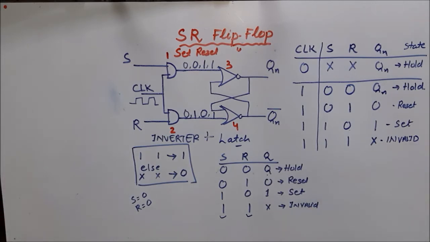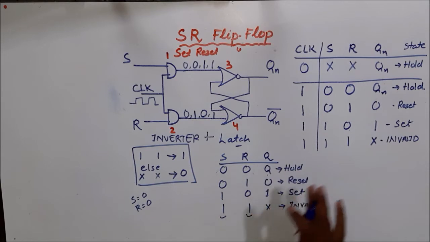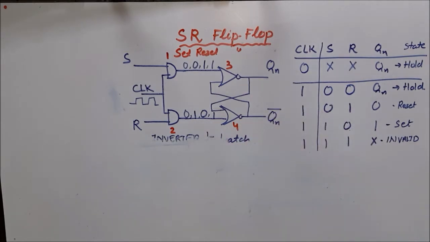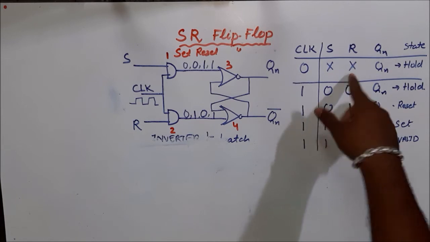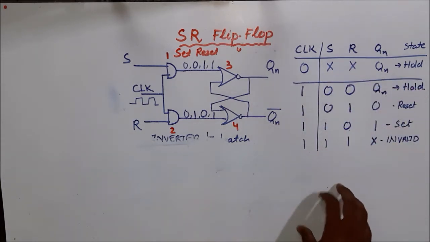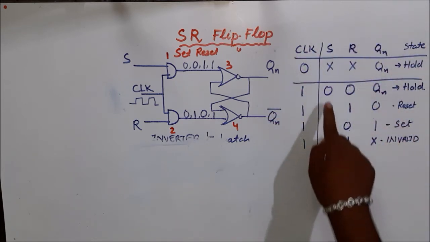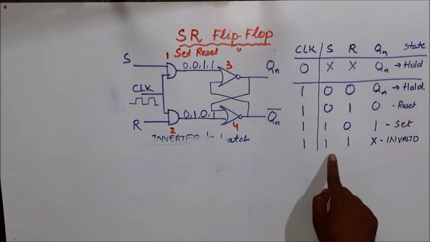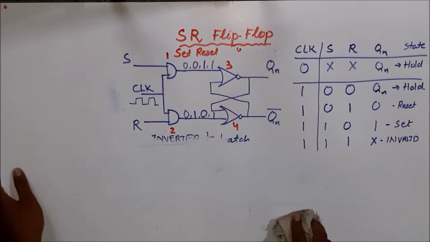So from this we have designed this. From this table we'll see that when my clock is 0, we should not consider the SR value. But as we have to consider the SR value, then I have to give the clock pulses. So irrespective of all those things, this much is my truth table for SR flip-flop. That means to operate the SR flip-flop, I have to make my clock pulse high.